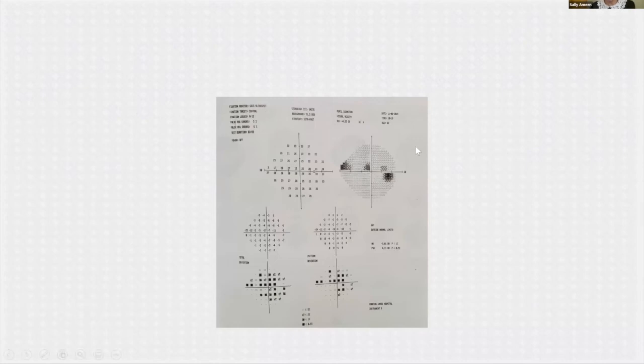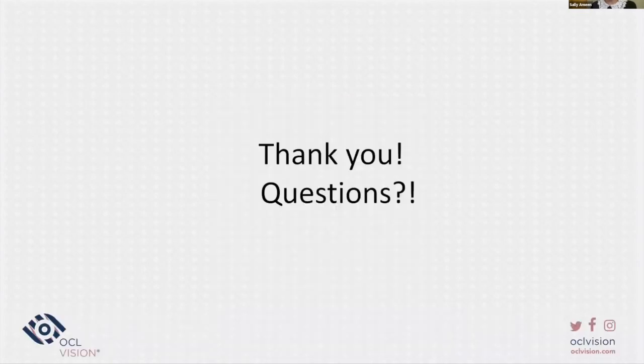So this is a very accurate visual field, and it has impacted severely on their vision. So it's very important to try and pick up and detect any early changes, and if you think there's any evidence of visual field progression or changes, to try and halt them and deal with them as soon as possible. And that's pretty much it for today.